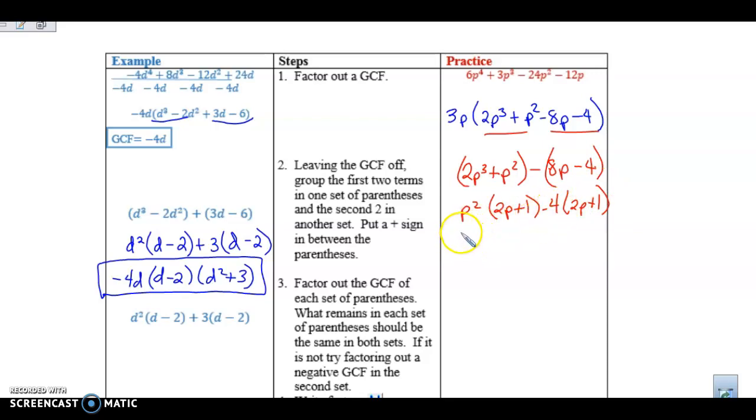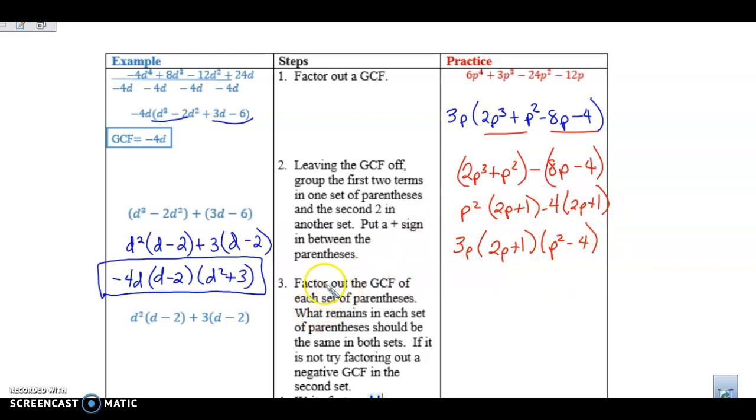So then I get 3p times 2p plus 1. See how they're the same? Times p squared minus 4. And that gives us our final answer.